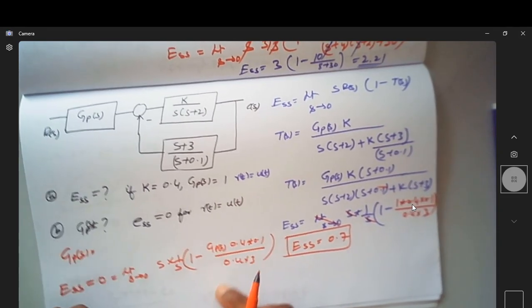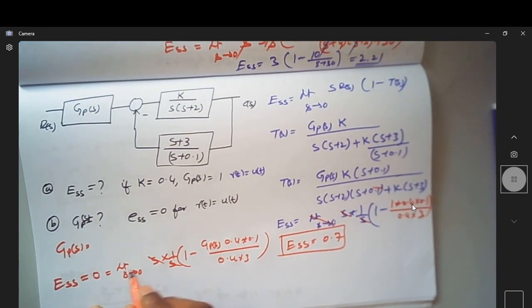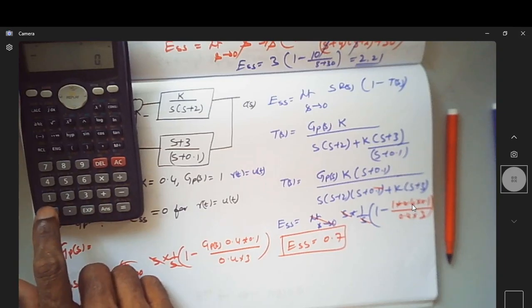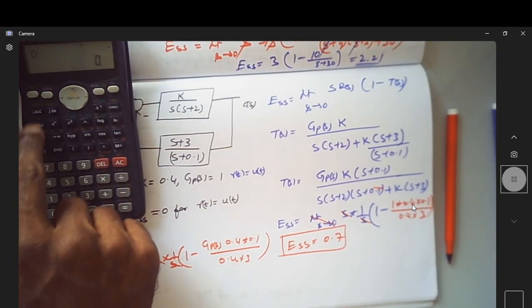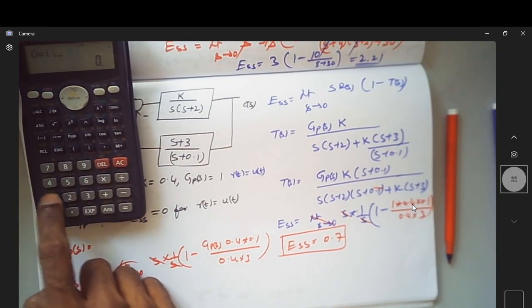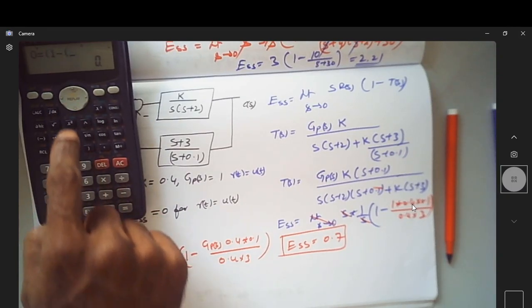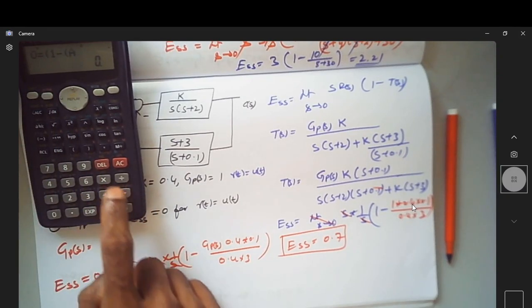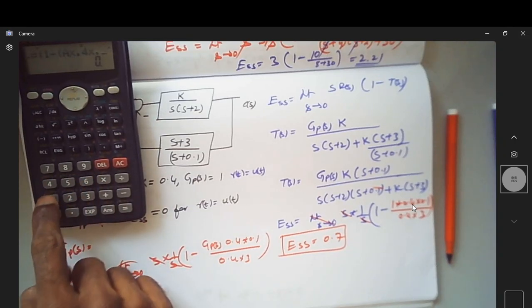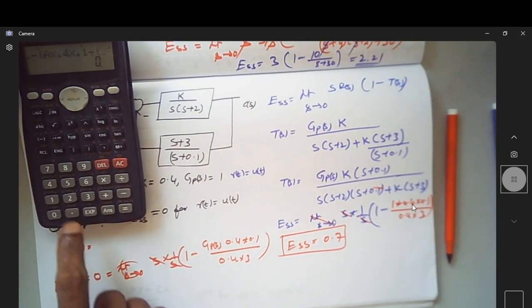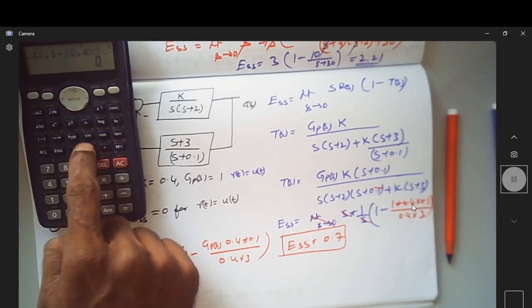Now I need to find what GP(s) is. So this will anyhow go. This has been already applied. So I can equate 0 equals 1 minus, open the parenthesis, GP(s) into 0.4 into 0.1 divided by 0.4 into 3, close.